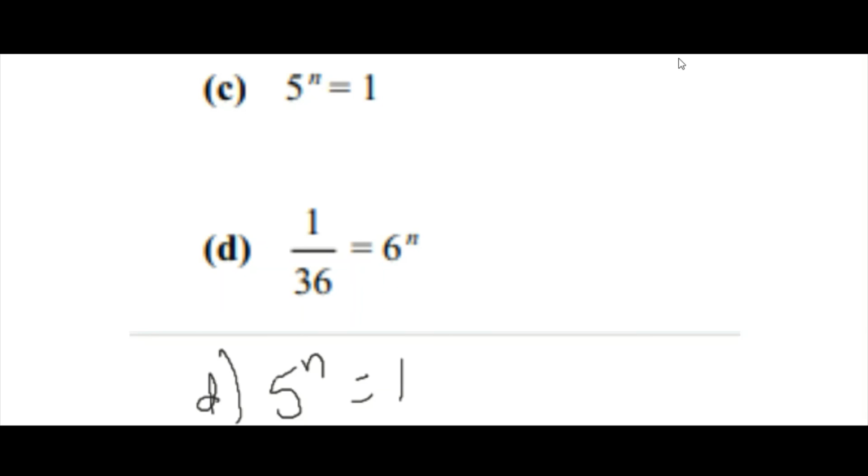We've said that anything that is raised to power 0 is 1. So we can rewrite this as 5 to the power n equals 5 raised to power 0, because anything raised to power 0 gives 1. We cancel the base number, and n gives us 0 here.